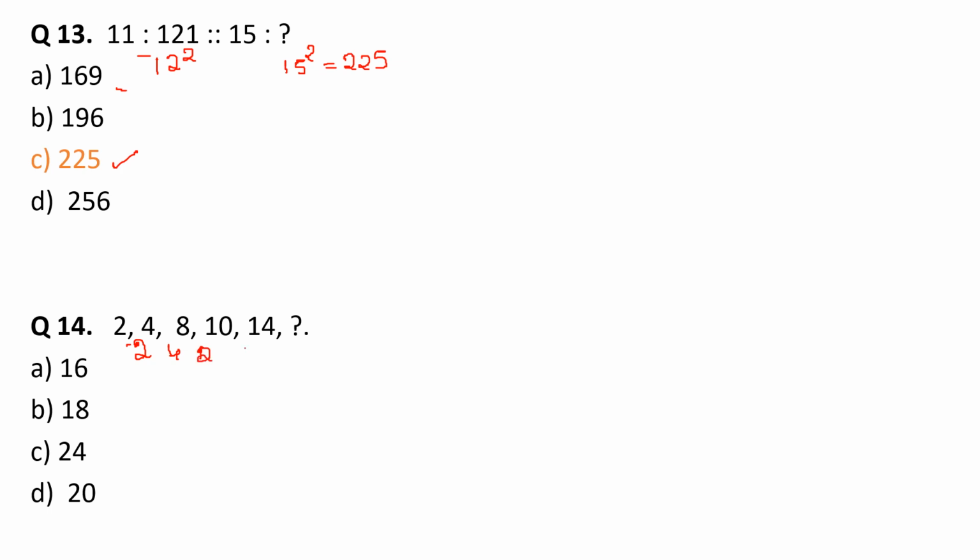Again 10 and 14 is 4. So we have alternately added 2, add 4, add 2, add 4. So next will be 14 plus 2, that is 16. So the missing number is 16. This is the alternate adding of 2 and 4.